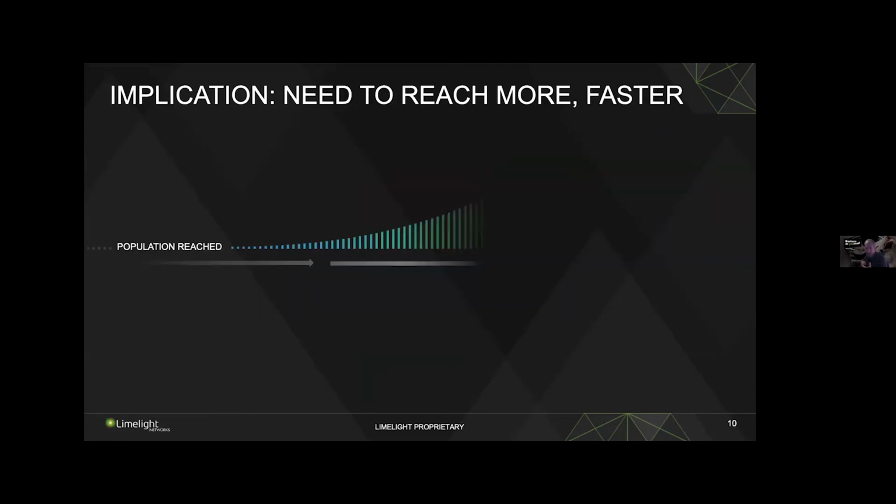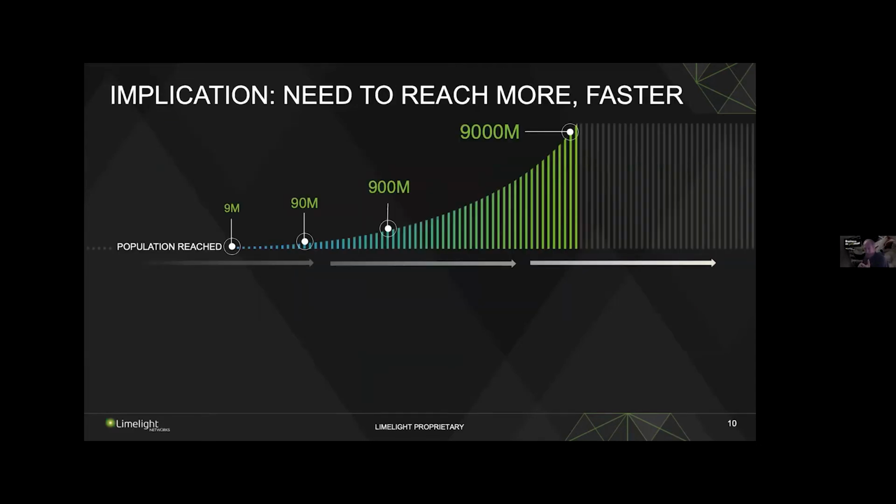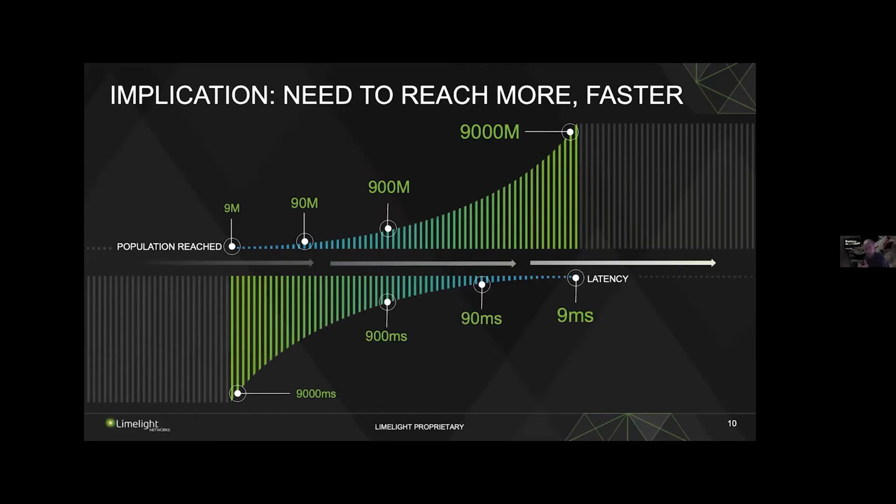So the implication here is that you've got to reach more people, but you've got to reach them faster. What we've really seen is that as the industry has matured, we're reaching more and more people, and the expectation of those people is more and more that things just work instantly. We're expecting our phones to respond to our fingers very quickly. We're expecting our screens to respond to the input from the remote control very quickly.